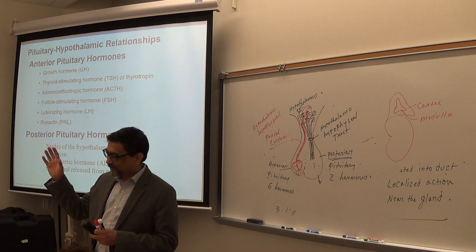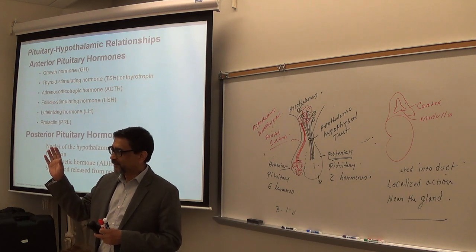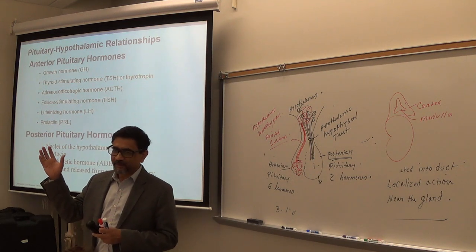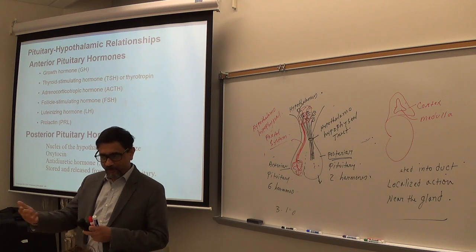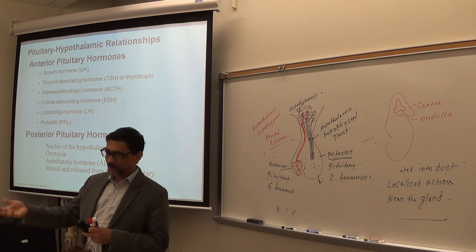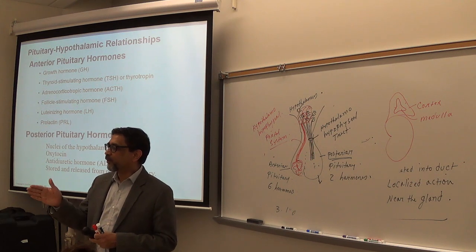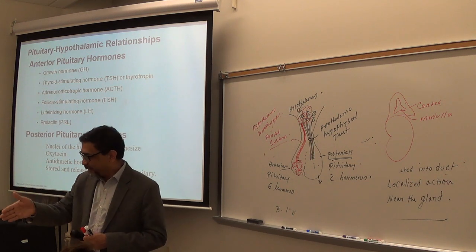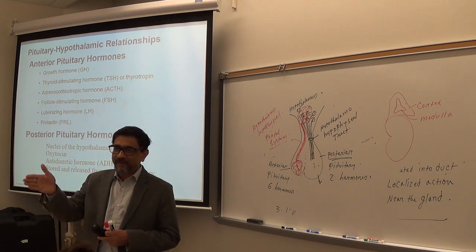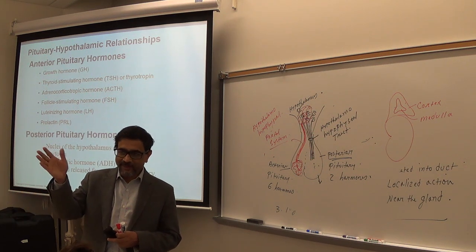Less or more? Whatever is produced inside, if more is produced inside, out will be more. If less is produced inside, out will be less. So antidiuretic hormone will produce less urine, right? So the volume of urine will be less.